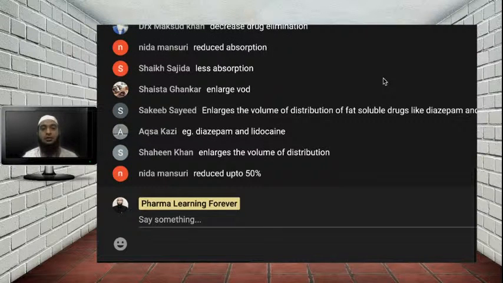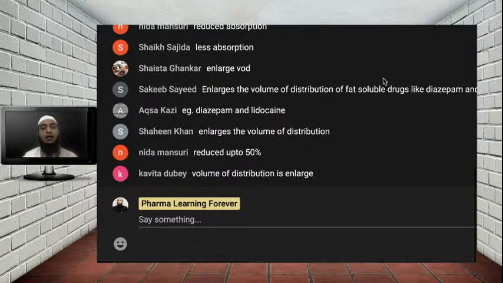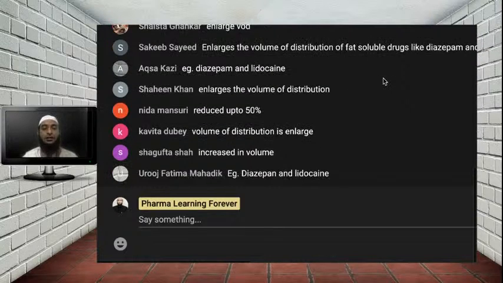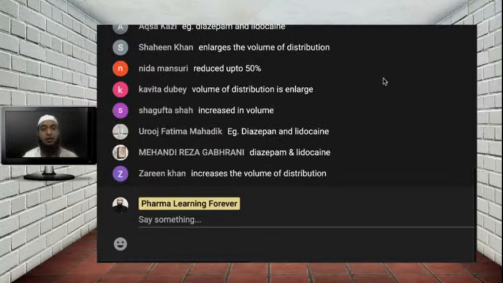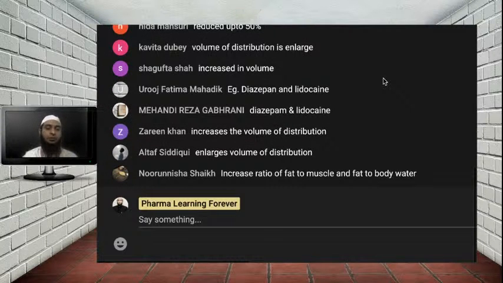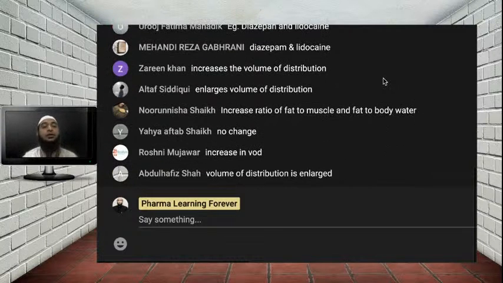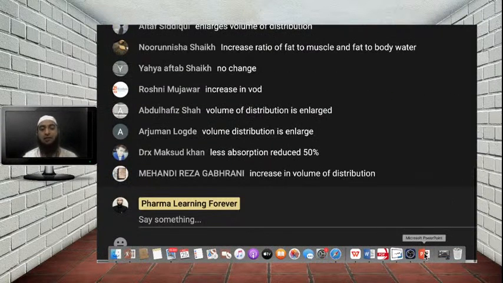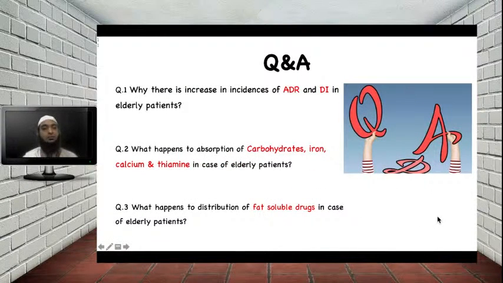Especially drugs like diazepam and lidocaine, which are lipid soluble, their volume of distribution is going to increase, and due to the increase in volume of distribution, sometimes it may not actually reach the site of action. So this could be the problem in the case of elderly patients, which is related to the distribution of the drug.